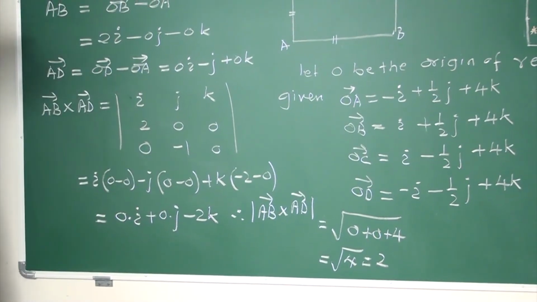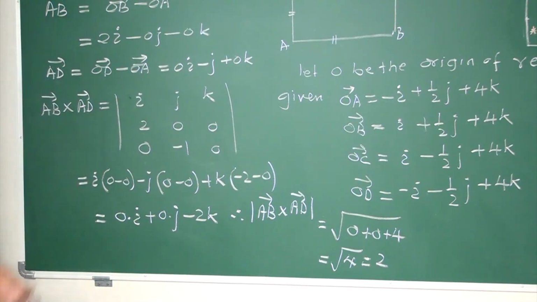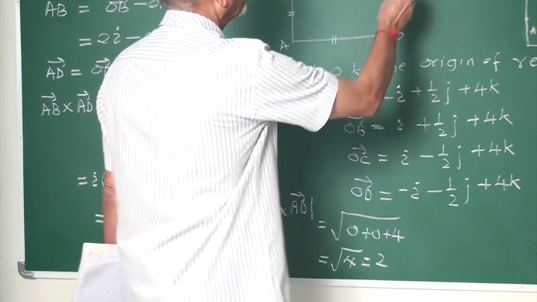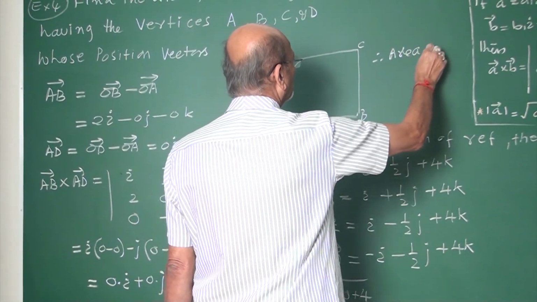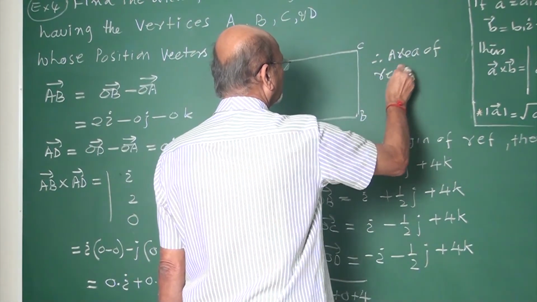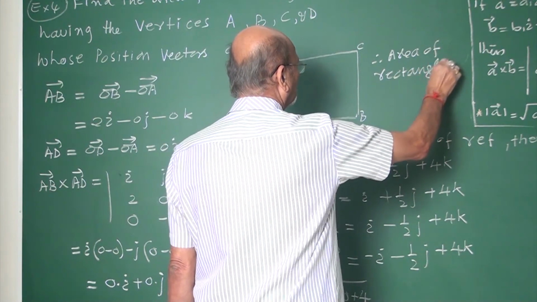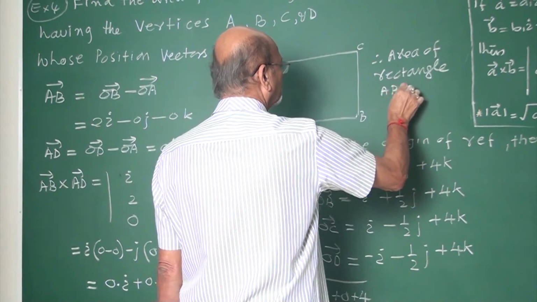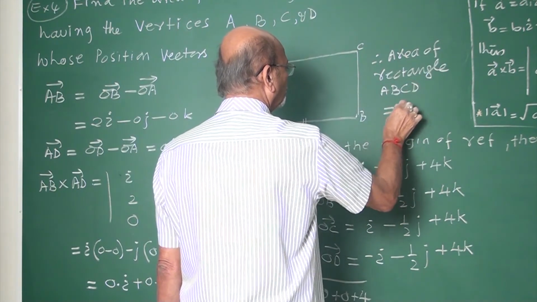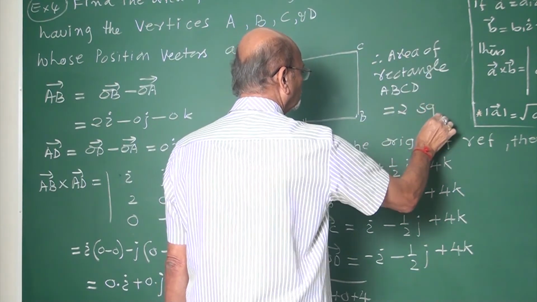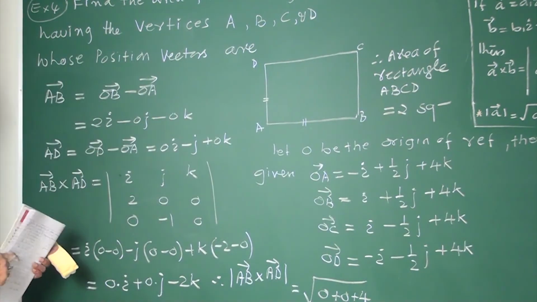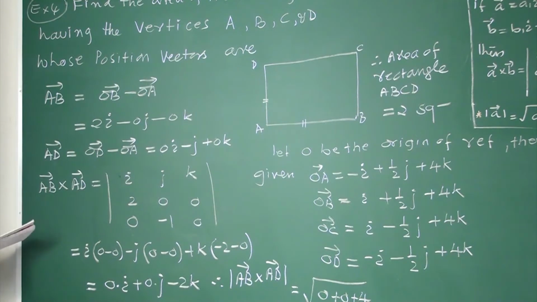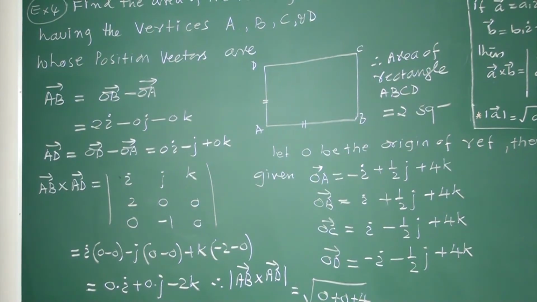Therefore, the area of rectangle ABCD is equal to 2 square units. Yes, my friends, copy it.